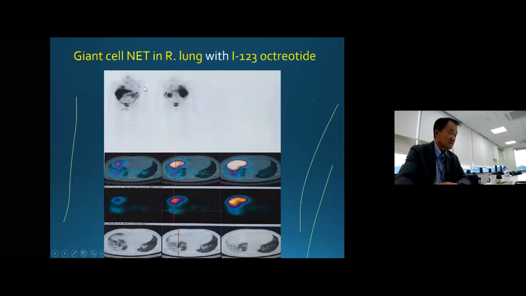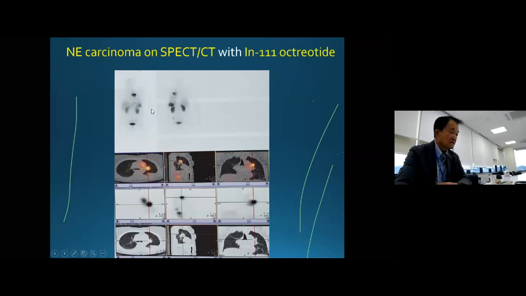Okay, this is a so-called giant cell neuroendocrine tumor here. It's almost like a pneumonic infiltration. And then a left hilar tumor. This is all a proven case, a neuroendocrine carcinoma.